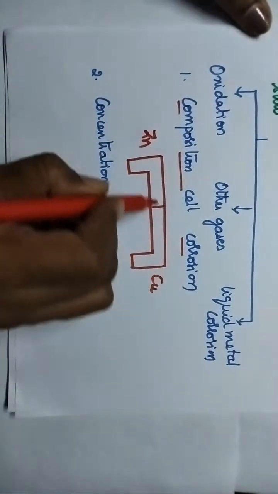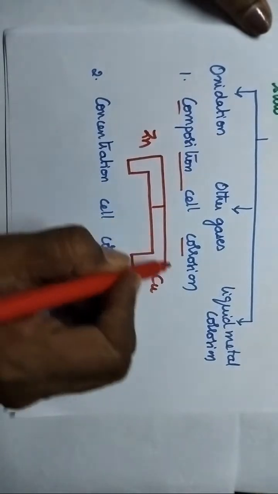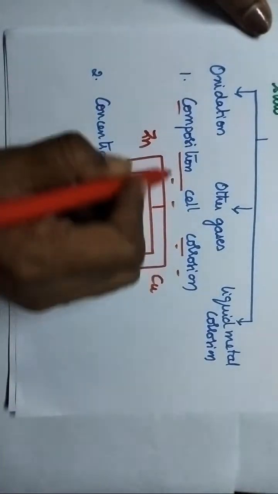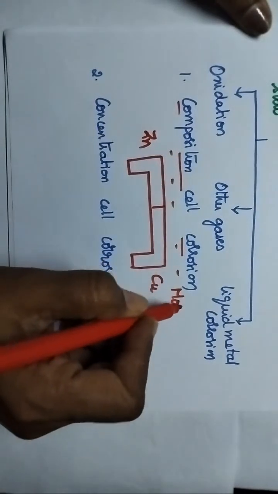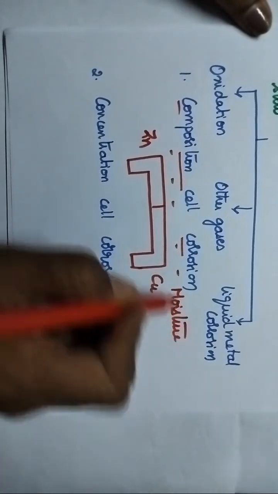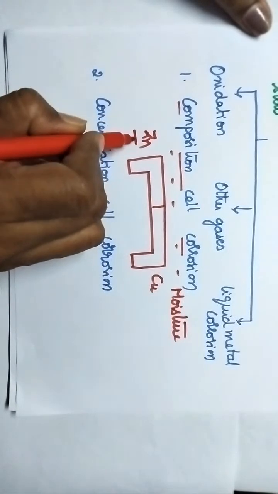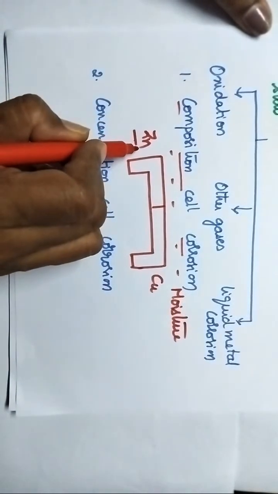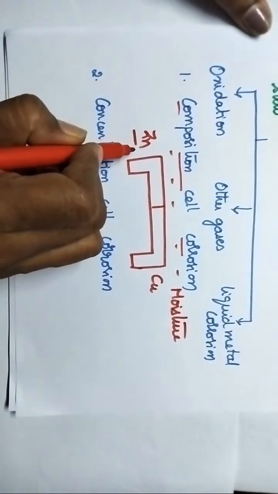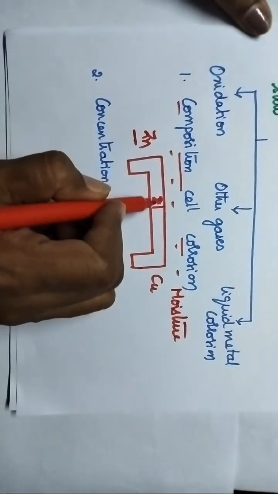Here two different metals are electrically connected and exposed to a moist environment. Because of the difference in the composition, zinc always occupies the top position in the electrochemical series and hence it undergoes corrosion.